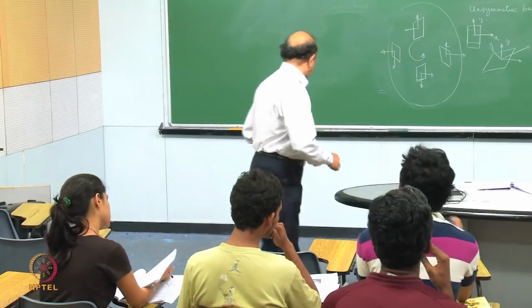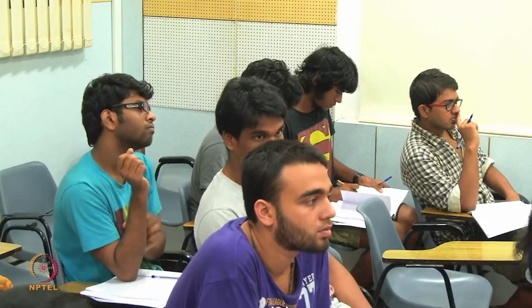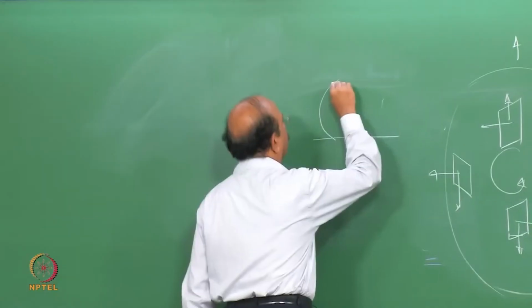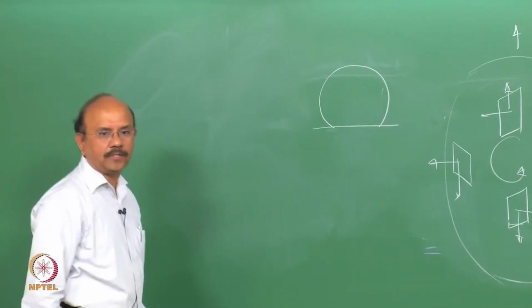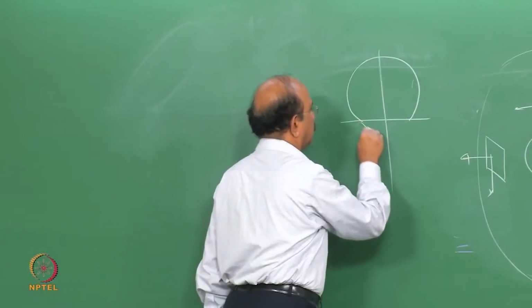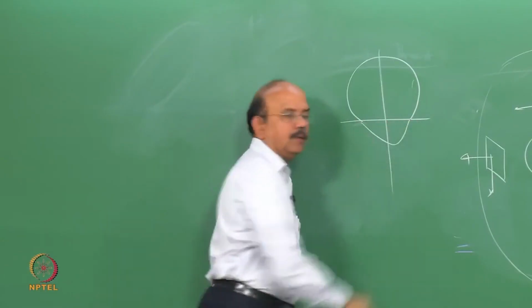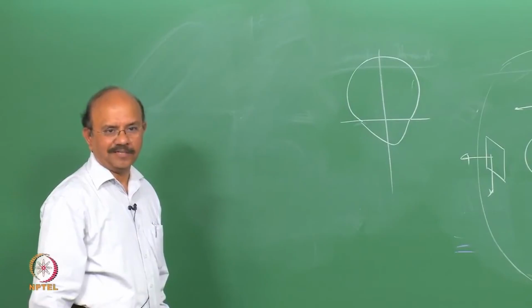Let me see what I understand from your question. Suppose that's the contact pressure distribution which we said is unsymmetric because of the viscoelastic forces.